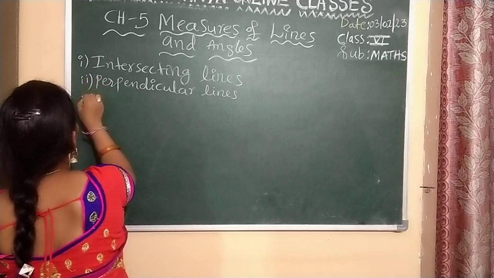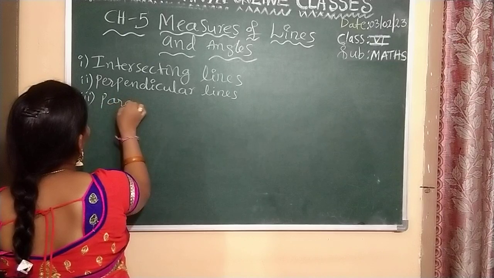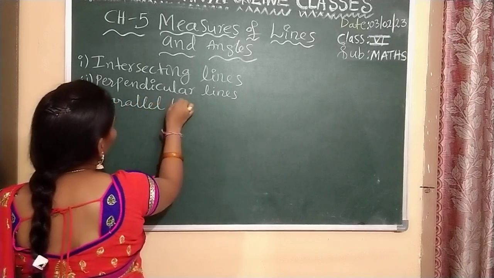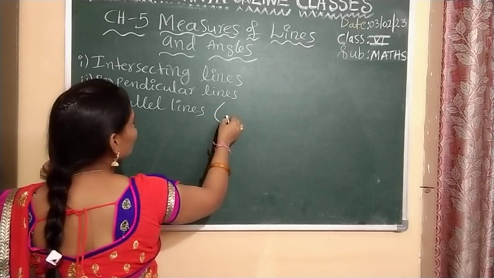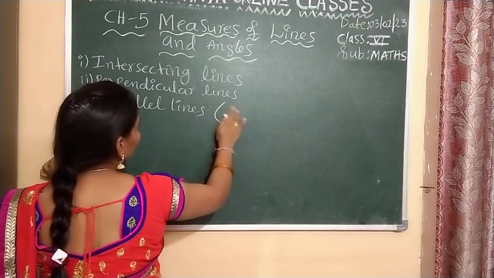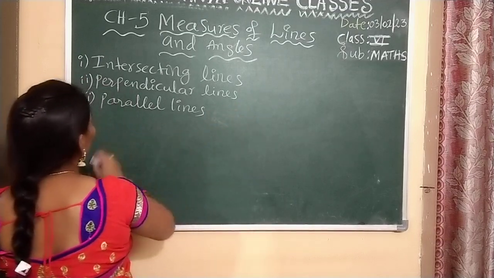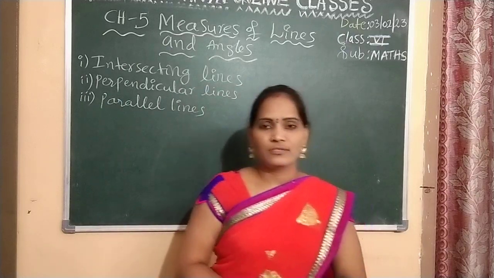Third one is parallel lines. The short name of parallel is written like this. Now I am going to define all of these.